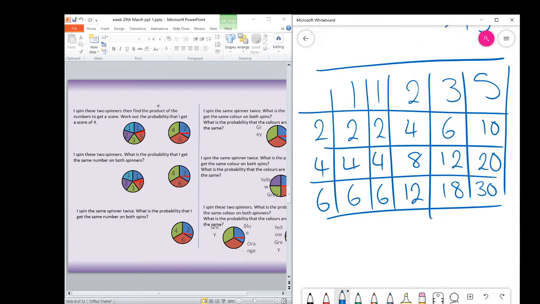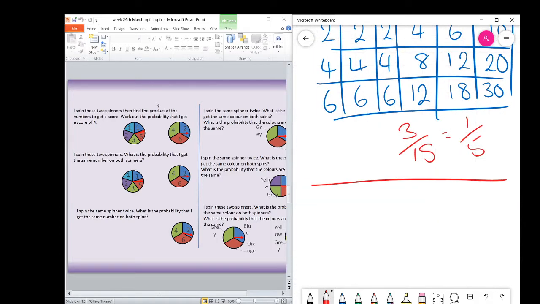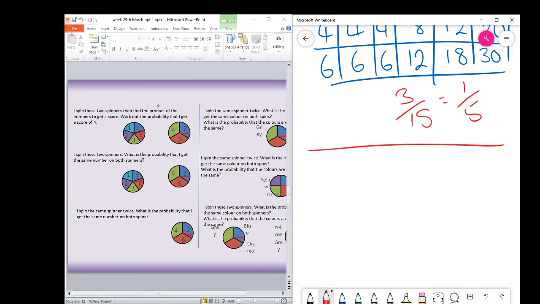Work out the probability I get a score of a 4. Well, that's 3 fours out of 15. If I want to, I can cancel that down to a 5th, but I don't need to. Okay, next one. This time it's just talking about what numbers come up.